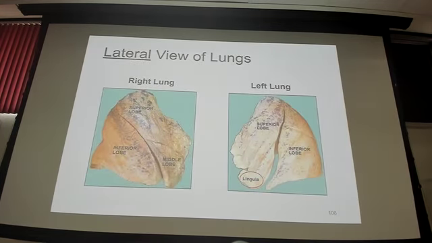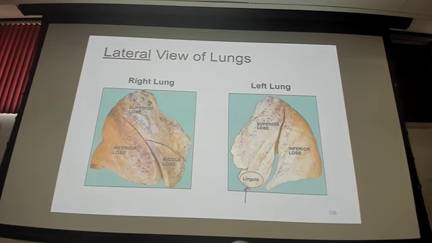A couple of highlights we're going to talk about is on the left side, the lingula. What does lingula sound like to you? Tongue, right? It's just this little flap here on the left lung. And then here we have the middle lobe of our right lung, which you'll learn is best appreciated on a lateral chest x-ray.